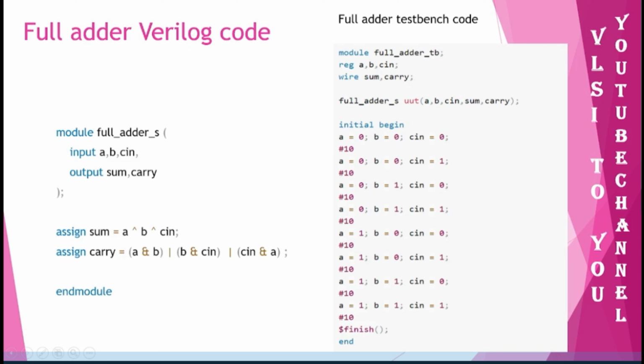Now if you are writing the test bench code for this, there won't be any change, because you need to remember that in any level of abstraction, either structural level, behavioral level or gate level, the test bench won't change. Because through the test bench you are just passing the values.